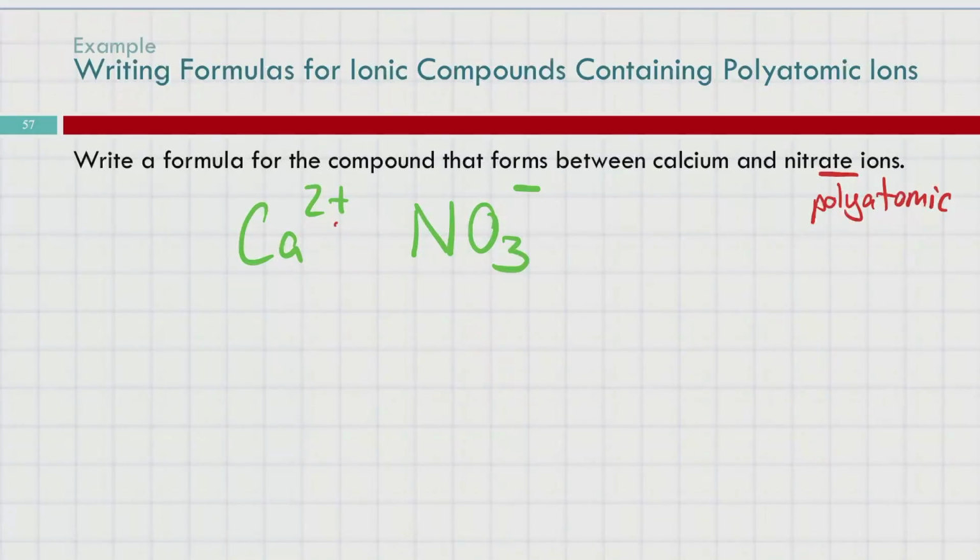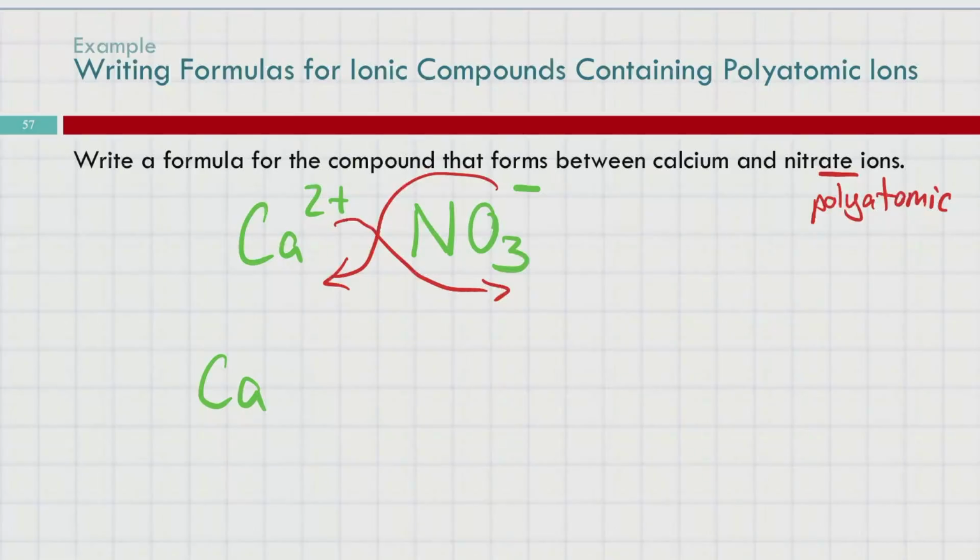So we can crisscross this, just like with other things. The important thing to note is that when we're crisscrossing these, this 2 that we're going to put on our nitrate applies to the whole nitrate. So we have to show that that's separate and put parentheses around it.